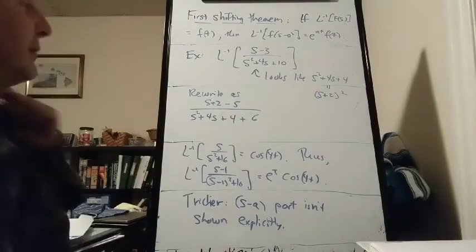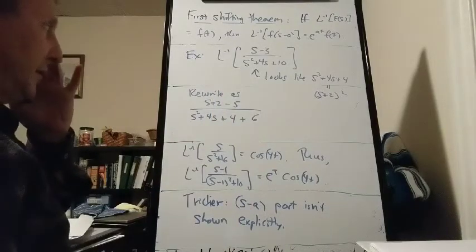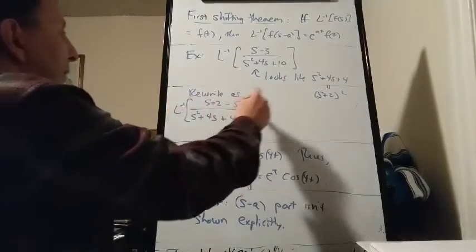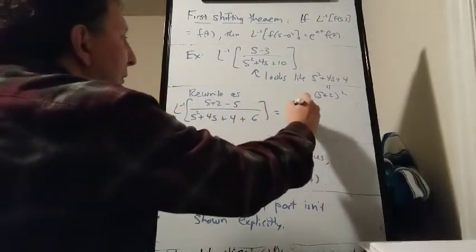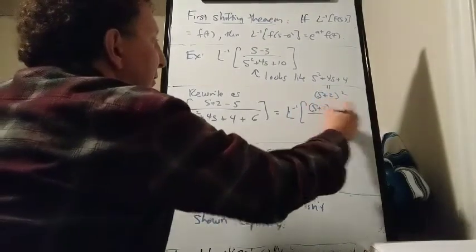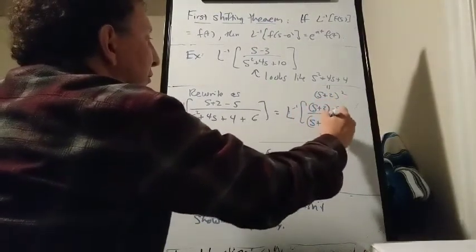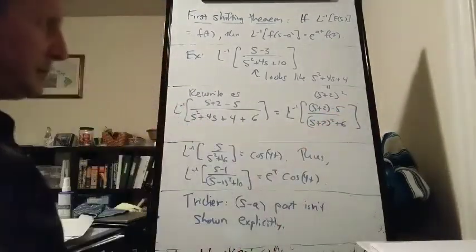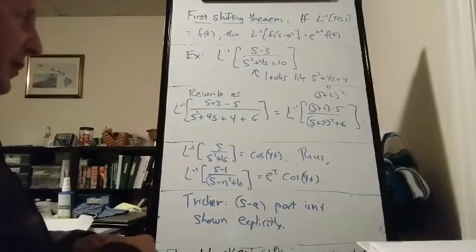And then in the numerator we could have s plus 2 minus 5, because 2 minus 5 is minus 3. So s plus 2 minus 5 over s plus 2 squared plus 6. Alright, so it's a little bit closer.